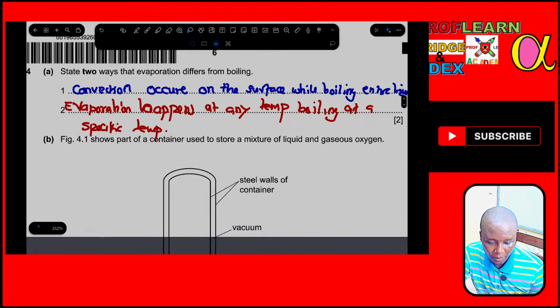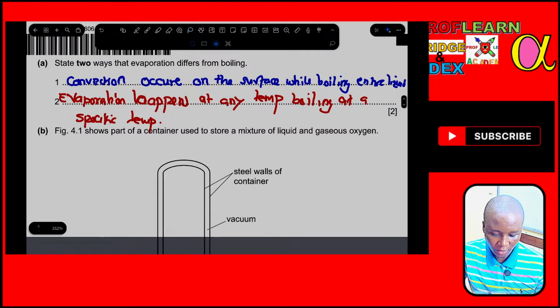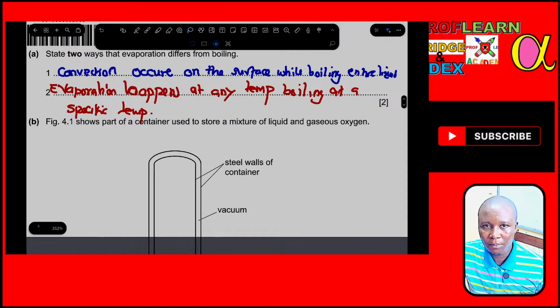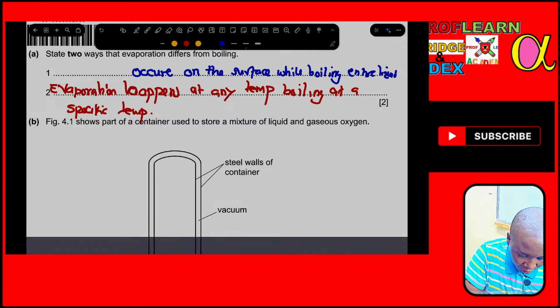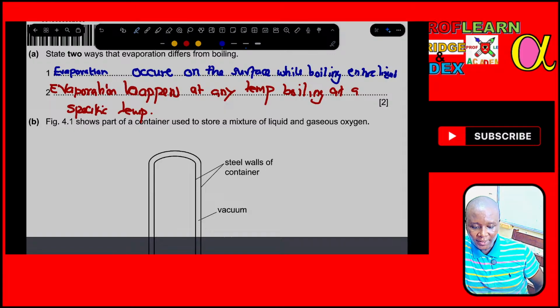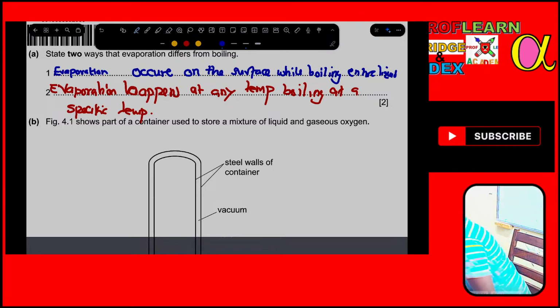State 2 other ways evaporation differs from boiling. This is a very common question that you can be asked. Something you need to remember: evaporation occurs on the surface, while boiling occurs in the entire liquid.